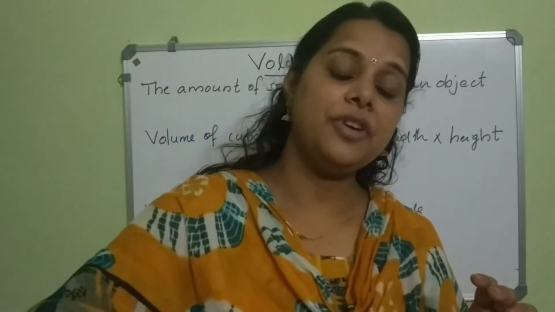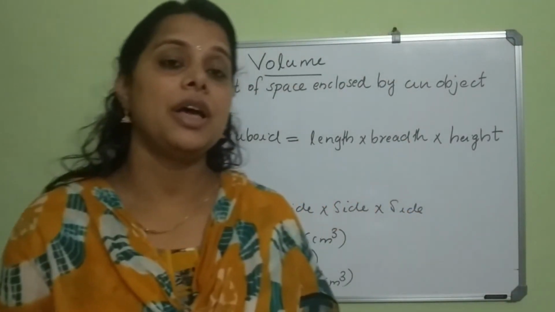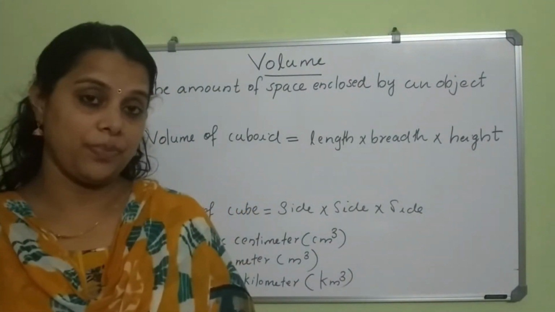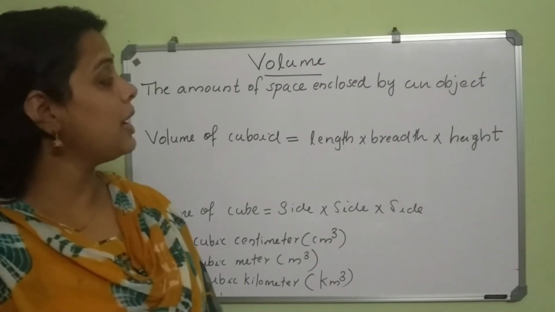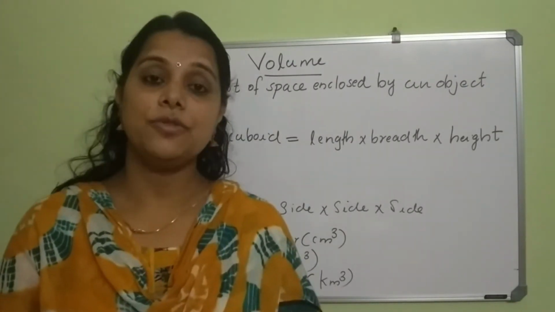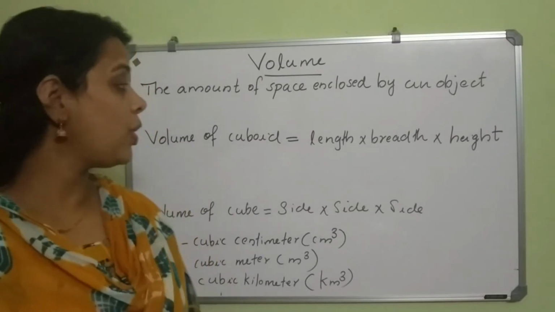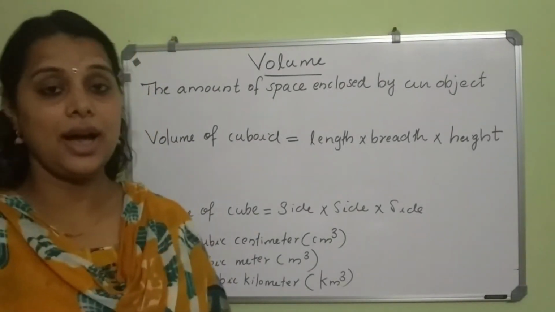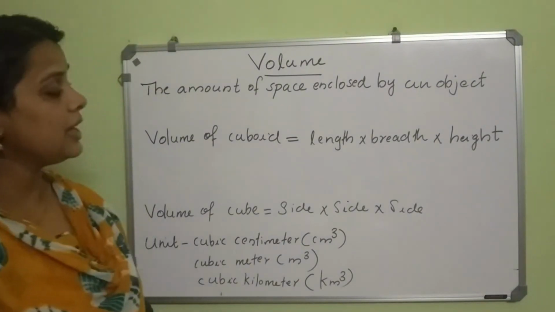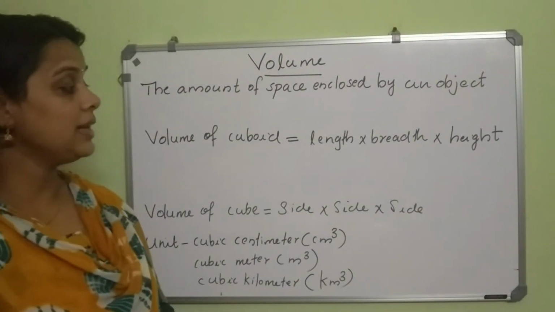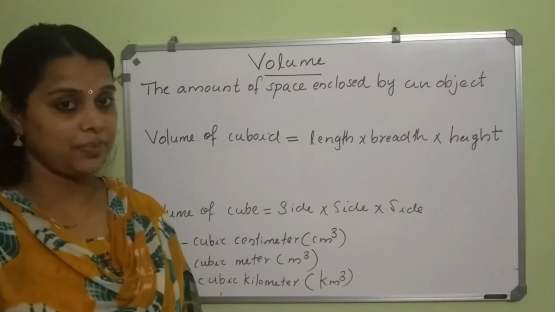Then, how to find volume of a cuboid and a cube? The amount of space occupied by a cuboid is the product of length, breadth and height. So we can say volume of cuboid is the product of length, breadth and height.